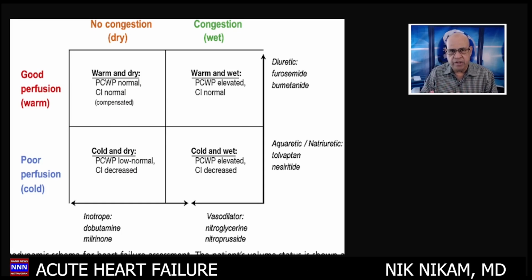We need to monitor their hemodynamics. We need to provide inotropic support using dobutamine, dopamine, milrinone, along with some vasodilators to improve peripheral circulation. And again, here we talked about diuretics, mainly to get rid of the fluid, because that's the main treatment option available in patients with diastolic heart failure.